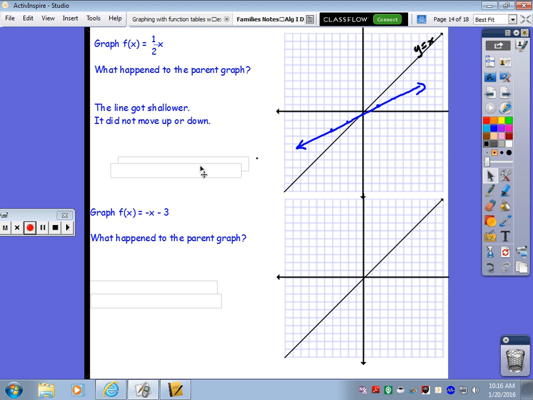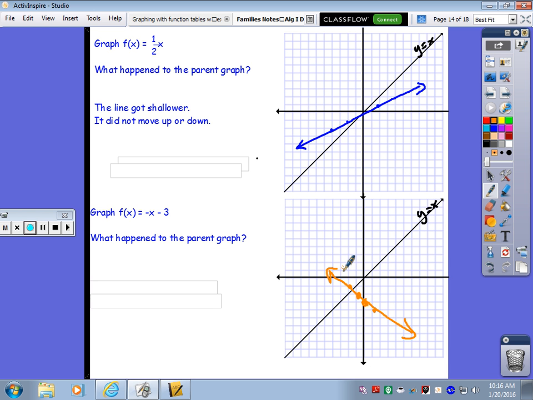So here on this one down here, our original graph is y equals x, and now we're going to graph y equals negative x minus 3. And do that in orange, negative 3, and the slope is now negative. So it's going to be rise over run, and it goes like this. So what happened from y equals x to y equals negative x minus 3?